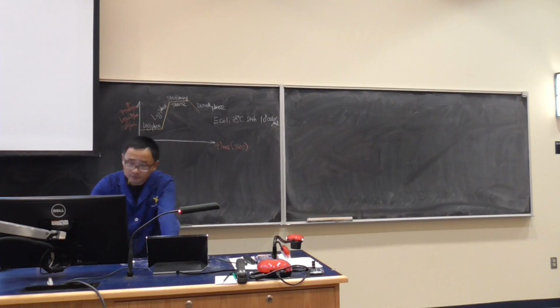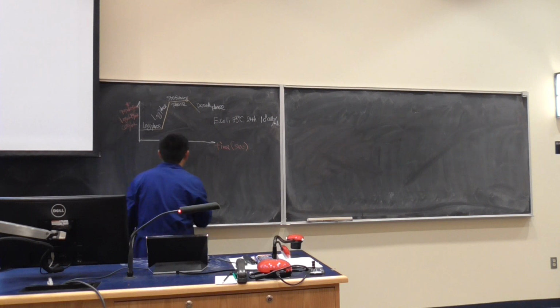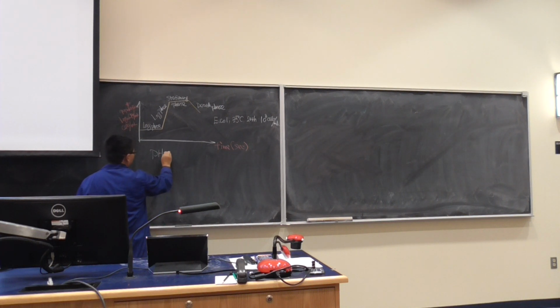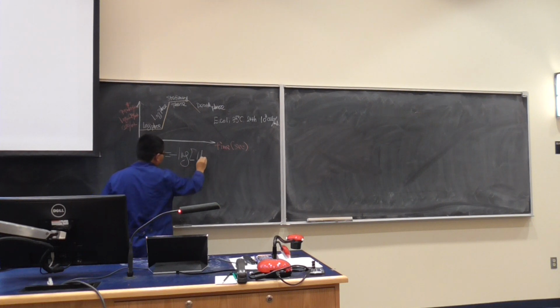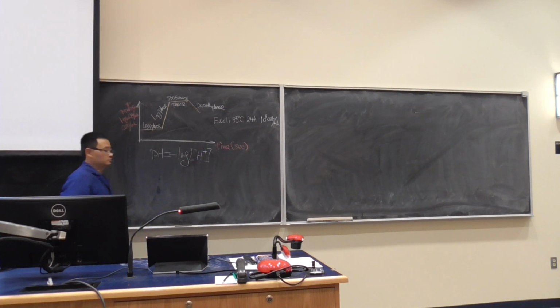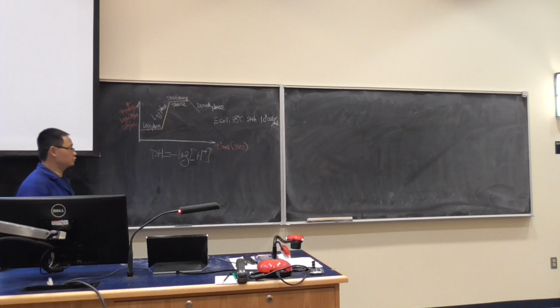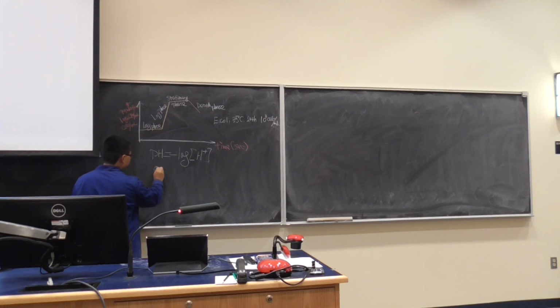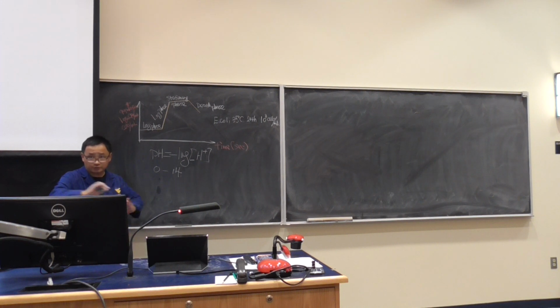First of all, everybody knows pH, so I'm not going to emphasize this too much. pH equals minus log the concentration of protons, or hydrogen ions. It ranges from 0 to 14. Do you know what is 0? They tell you about batteries, don't throw them away, put them in a recycle bin.